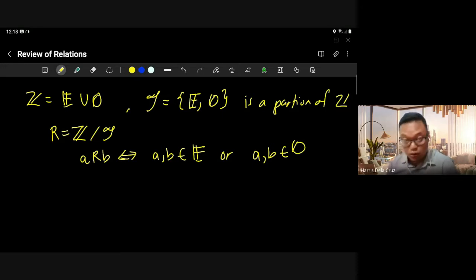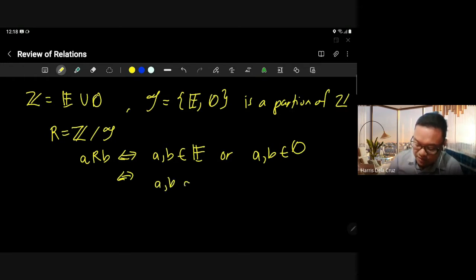So either they belong both to E, kasi dalawa lang naman yung set, either they belong to E or they belong to O. Now, if both of them belong to E, then that means that both of them are even. So we have either AB are even or AB are odd.